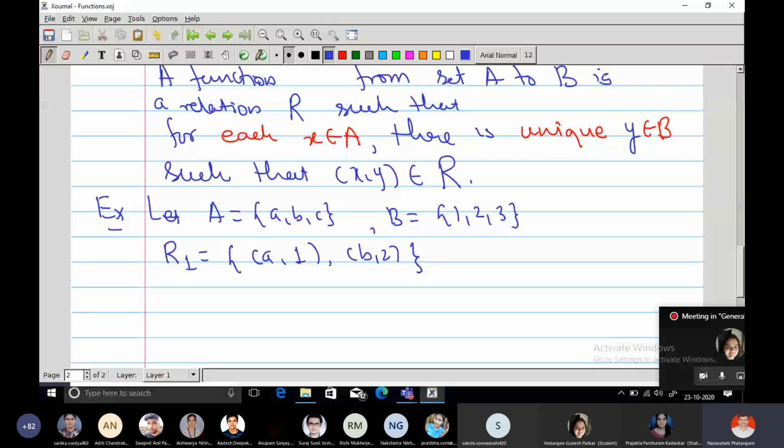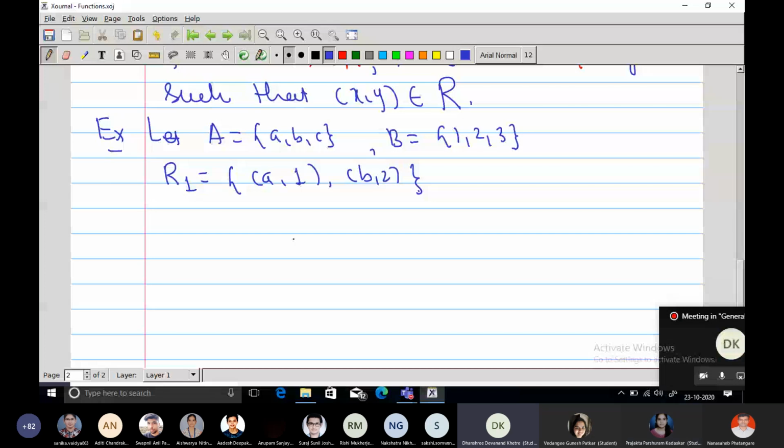Is it a function? Yes, sir. Is it a function? No, sir. No. Why? Which condition fails?